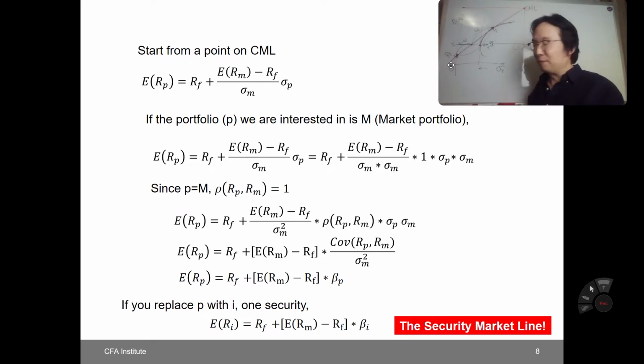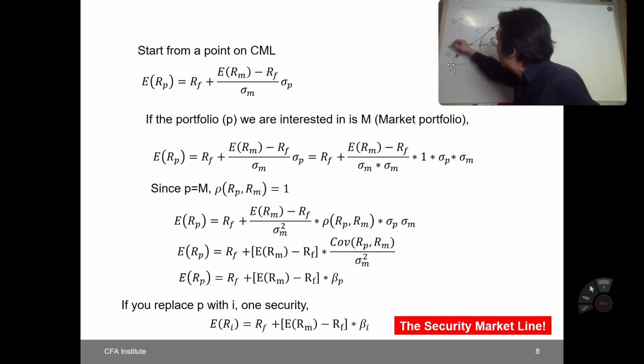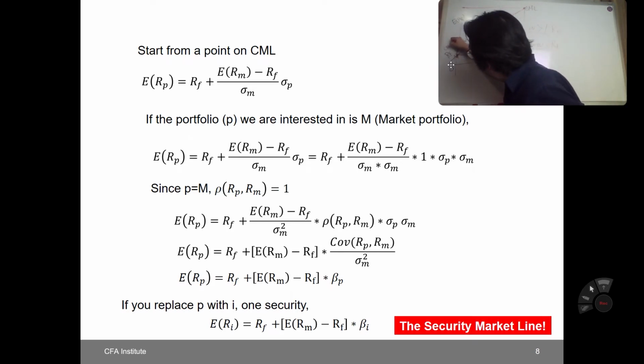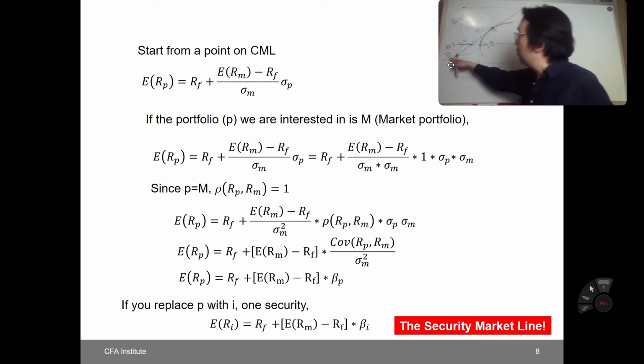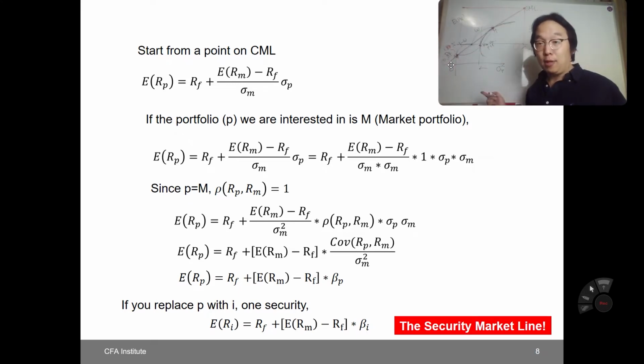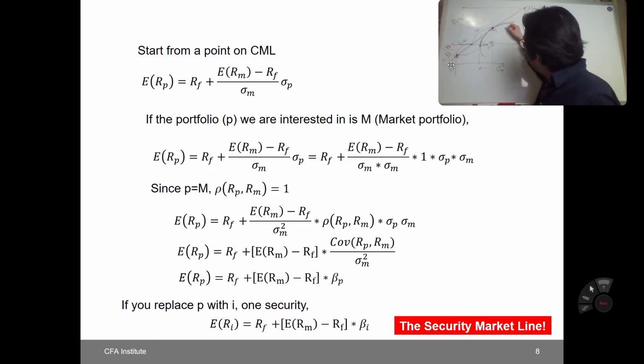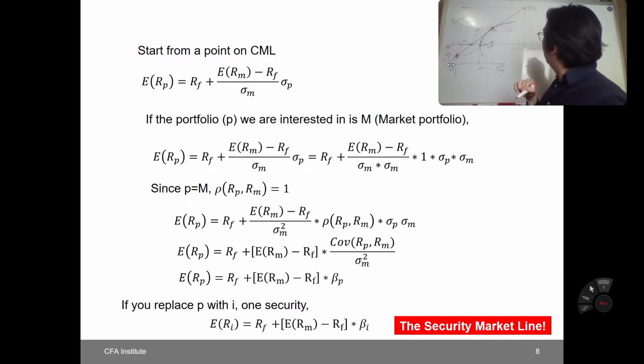Really? Yeah. Okay, fine. 2 points. Straight line. What's the equation? High school math. Well, this is 0 here. This is 0, RF, XY plot, right? And this one is what? The sigma M, should I say?